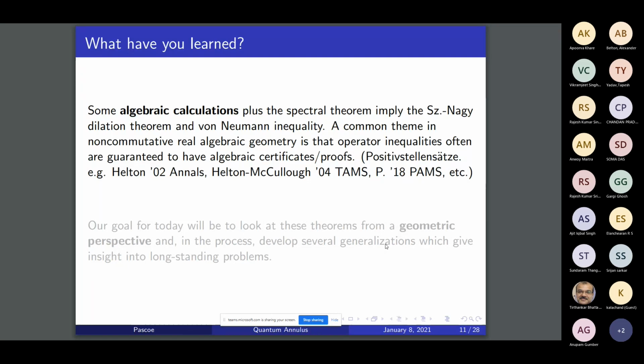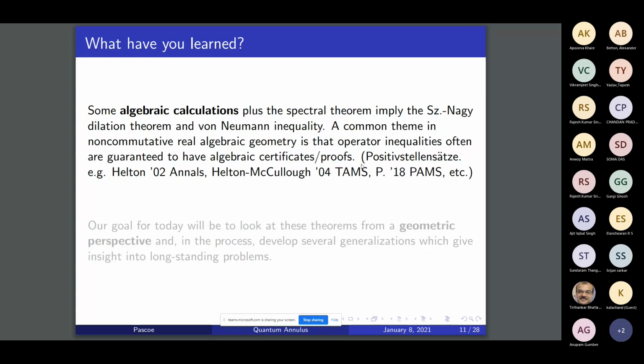I should comment that a common theme in non-commutative real algebraic geometry, and more broadly non-commutative function theory, so essentially the theory of non-commutative polynomials and rational functions and inequalities on their spectra, is that if you have a statement about something like that, those often have algebraic certificates and proofs.